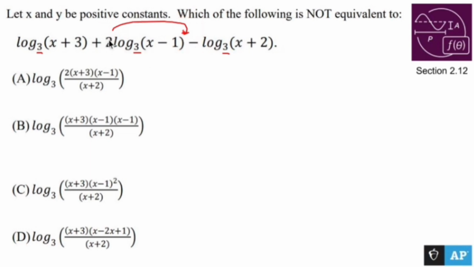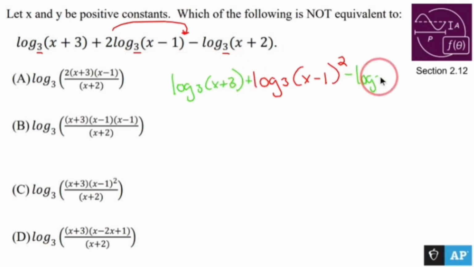If you have a coefficient attached to a log, you're allowed to take that number and set it as the exponent to the stuff inside the log. So that middle guy becomes log base 3 of x minus 1 squared. Log base 3 of x plus 3 doesn't change, so we'll write that out. X plus 3, that's still there. Minus log base 3 of x plus 2 is still there.